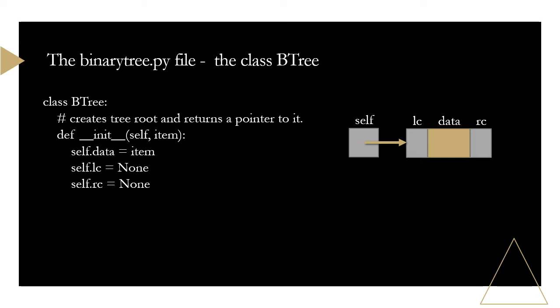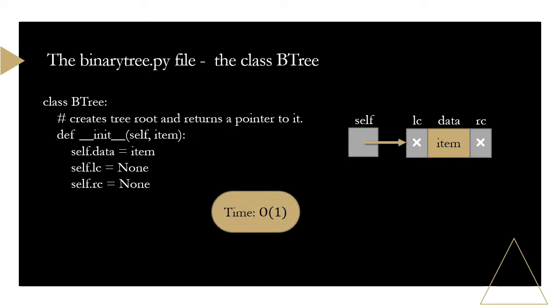So it sets this value in the data field and initializes the left child to None and the right child to None. Now you have a node of the binary tree and it is being pointed to by self. Time taken to create this node is constant. So it is O(1).